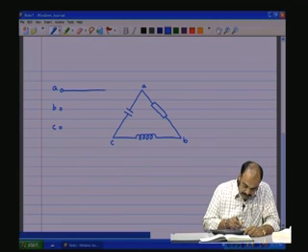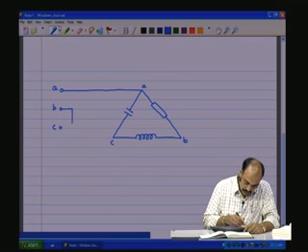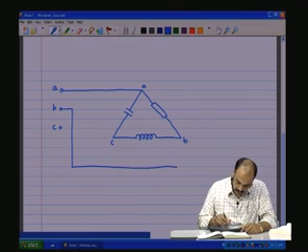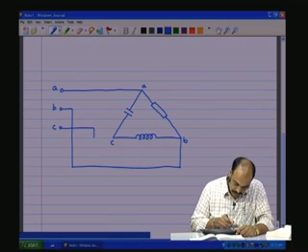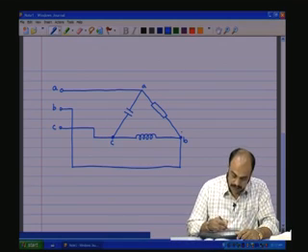They are connected as indicated here, and we have the B, which is connected to the B terminal of the load, and we have the C, which is connected to the C terminal of the load. So, these are the three delta point terminals.